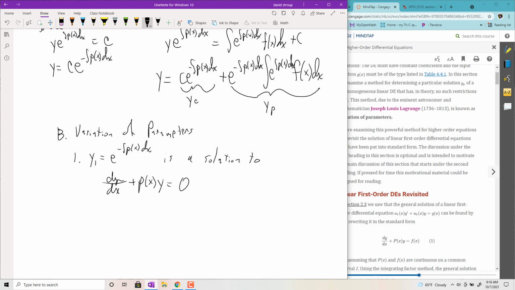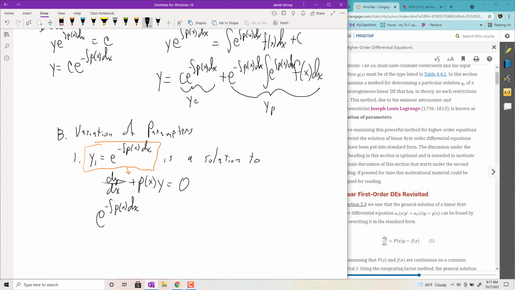If you plug that in, then you're going to see that it works. So let's do that just for the sake of teaching something here. I'm going to plop that into here. And what do I get? The derivative of that thing is, for any exponential, you just get the exponential right back, but then you have to take the derivative of the exponent.